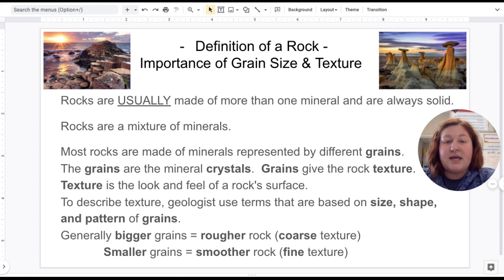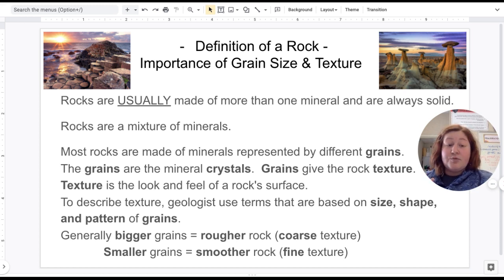So when you are looking at rocks, you probably have noticed before that how the crystals are organized isn't always the same. They might be different sizes, different shapes, different patterns. We might have bigger grains or smaller grains, and that kind of defines the rock's texture.